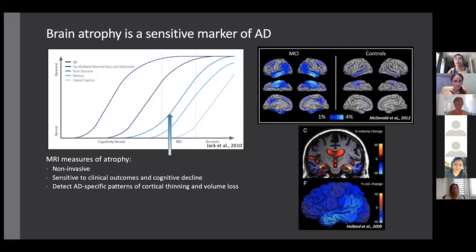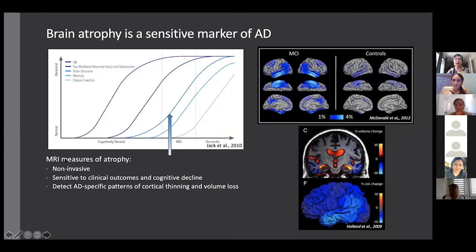MRI is particularly valuable for several reasons. First off, it's non-invasive. As I showed here, the earlier changes tend to be accumulation of amyloid or tau. However, measurement of these pathological proteins typically requires a painful lumbar puncture or PET scans that Sarah will talk about later, which carries a risk of low exposure to radiation.